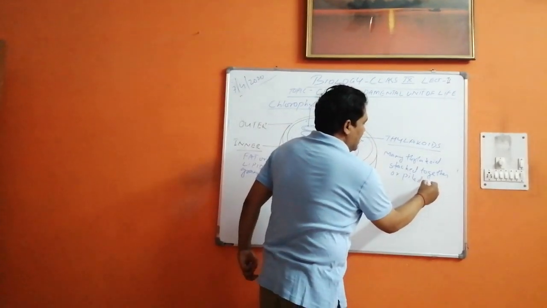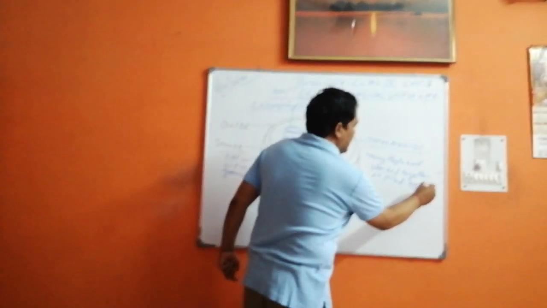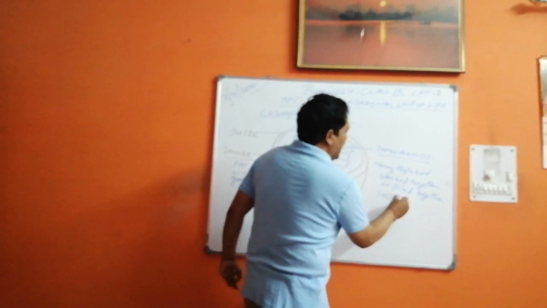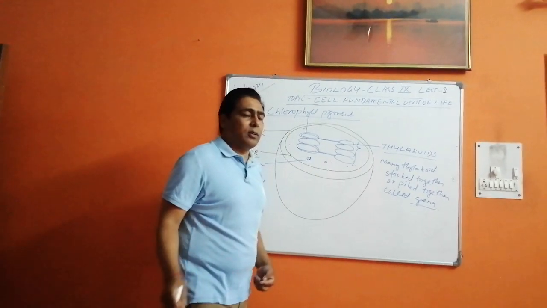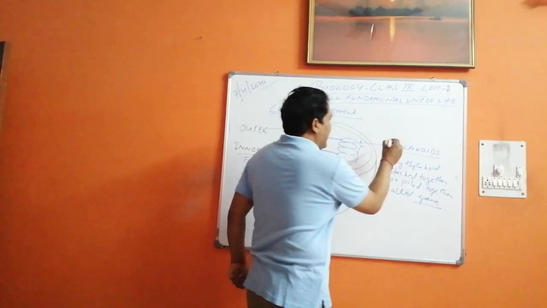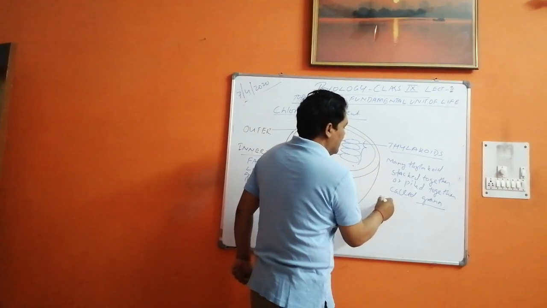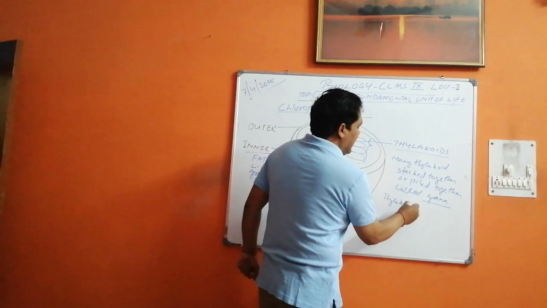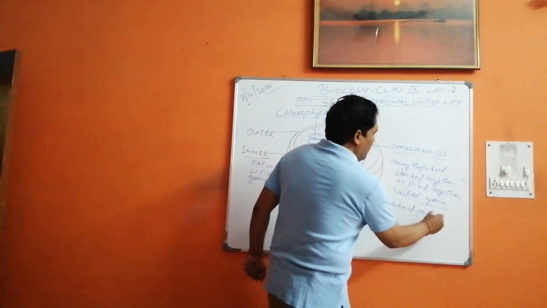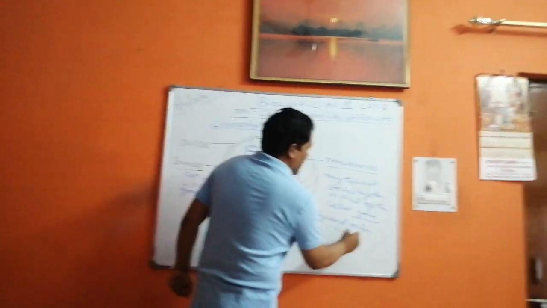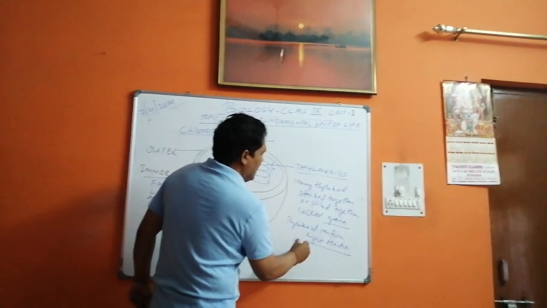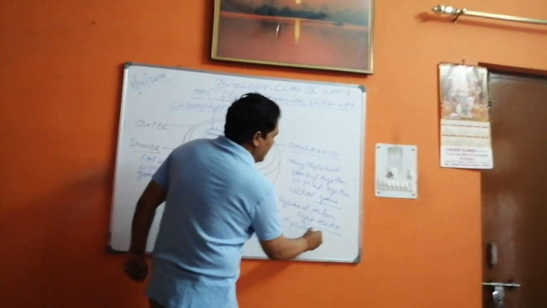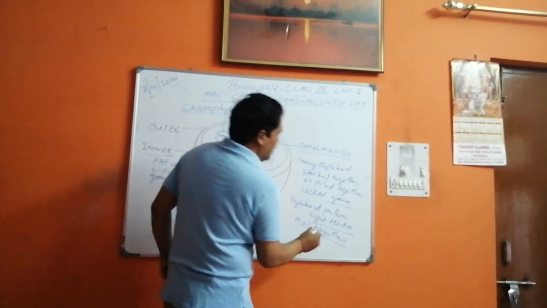piled together, are called grana or granum. Now thylakoid, what is their function? Thylakoids perform the light reaction in photosynthesis.